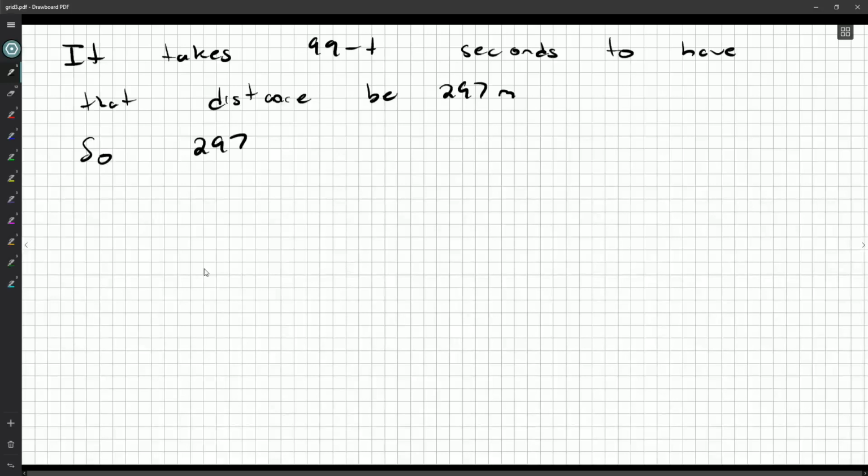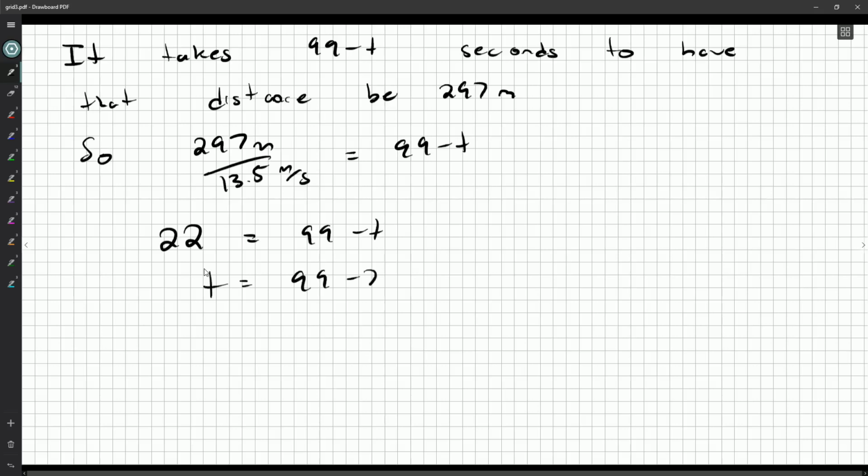So 297 meters over 13.5 meters per second is equal to 99 minus t. So you can either grab out your calculator or say, well, this is 27 times 11. 27 over 13.5 is 2. So this is going to be 22 is 99 minus t, and then rearrange and say 99 minus 22, and that's going to be 77.